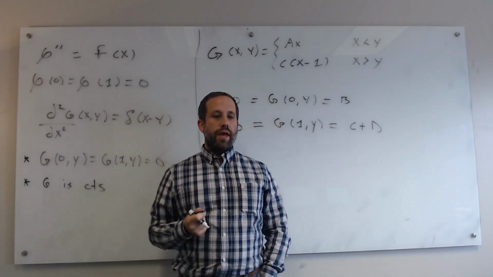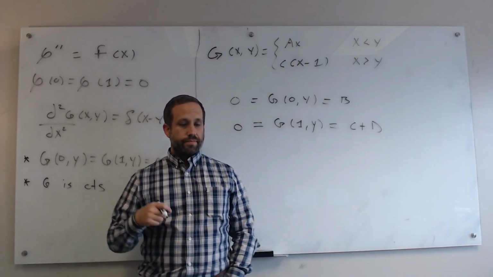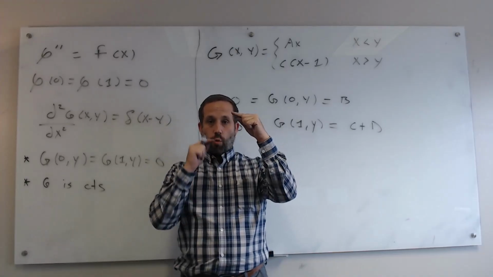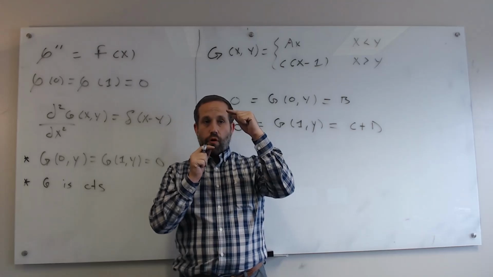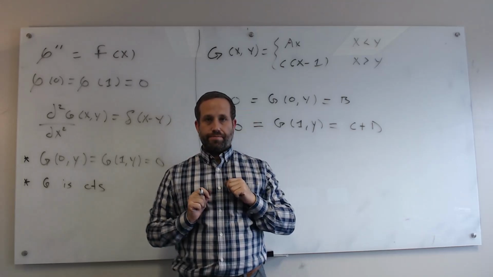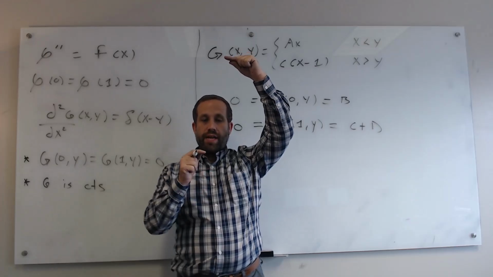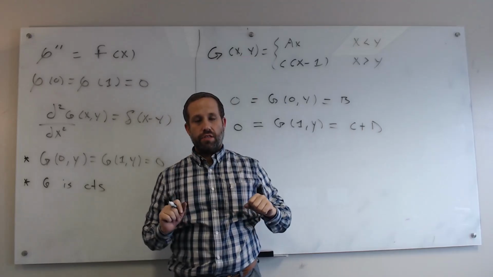In fact, this is one way you can define the Dirac delta distribution. If you have a jump discontinuity of height 1, so it's like 1 here and 2 here, then the derivative of the function at that point is going to be the Dirac delta distribution. If you have a jump discontinuity of height 5, so let's say 1 here and 6 here, then it's going to be 5 times the Dirac delta function.